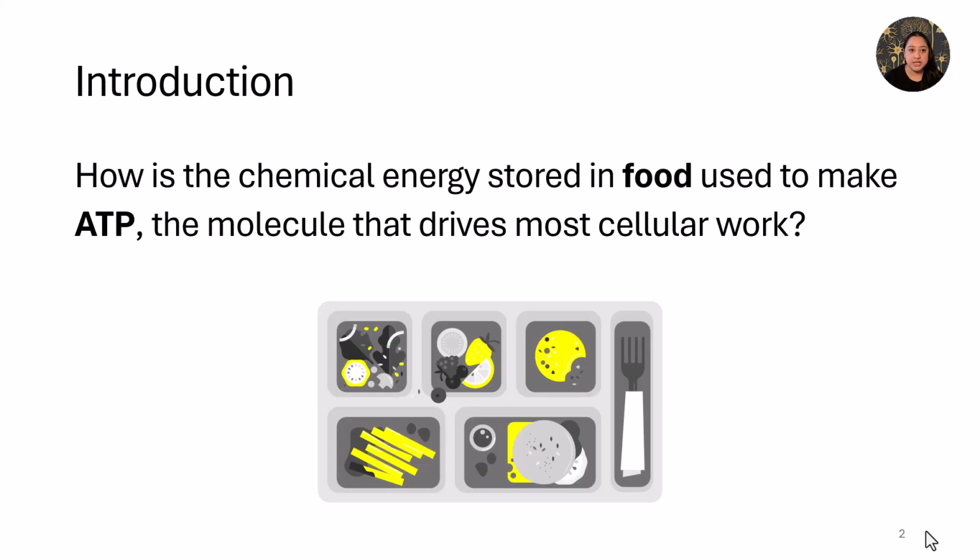So to start, how is the chemical energy stored in the food we eat used to make ATP, that molecule that drives most cellular work that we learned about in the Introduction to Metabolism last lecture? So think about the big picture of all of this. We're going to focus on some really small picture processes, but in the big picture, this is why we need to eat.